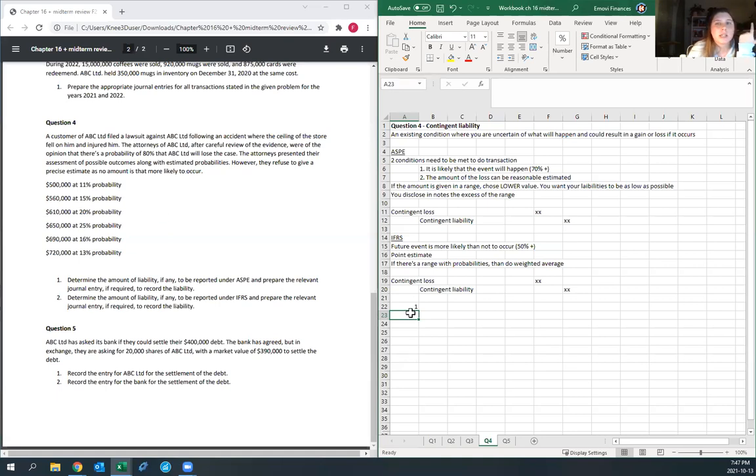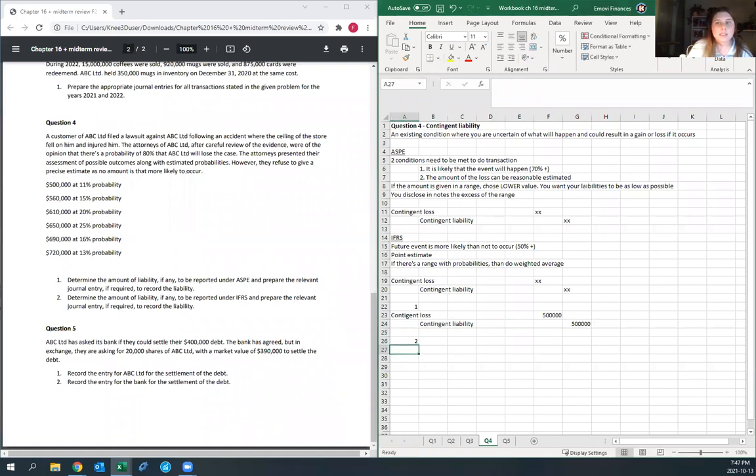As I mentioned, under ASPE, if they're giving you a range, you choose the lower value. So here the lower value is $500,000. So you're going to put a contingent loss of $500,000 and then a contingent liability of the same amount.